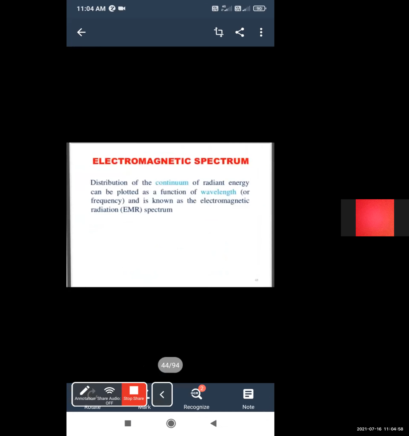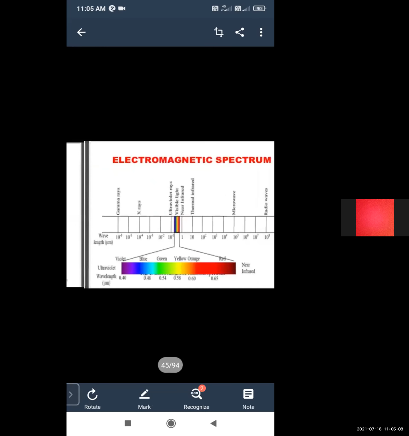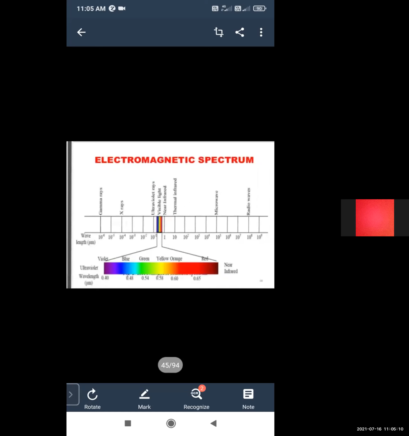The distribution of the continuum of radiation energy can be plotted as a function of wavelength or frequency and is known as the electromagnetic spectrum. So this is the electromagnetic spectrum. In this, different ranges of electromagnetic waves are given on this scale.